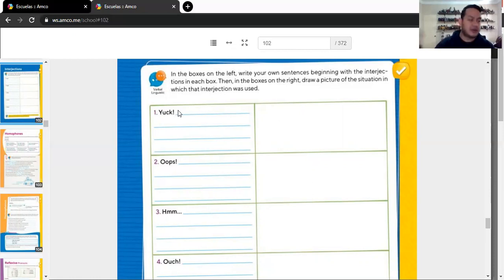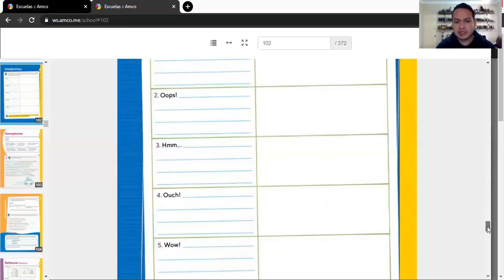So for example, maybe Carla says here, Jack, that fish smells really bad. That's what Carla wrote in there, for example. And then Carla is going to draw a fish here that smells really bad. That's all you have to do. As you can see, the activity is quite easy. It's just 5 of them.